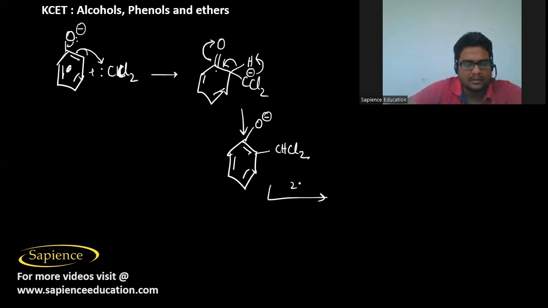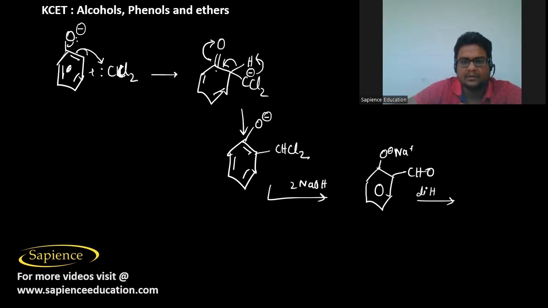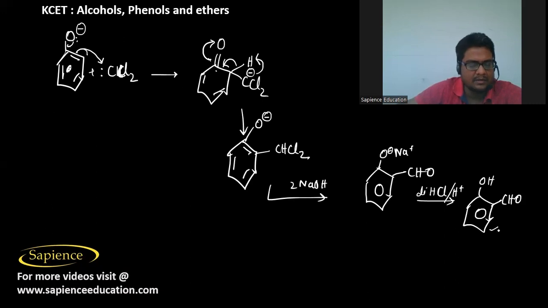Then it will react with 2 NaOH. Then it will form sodium phenoxide, and here the CHO group will be formed. And then in presence of dilute HCl, it will give H plus ion to form orthohydroxybenzaldehyde. Orthohydroxybenzaldehyde it will give.